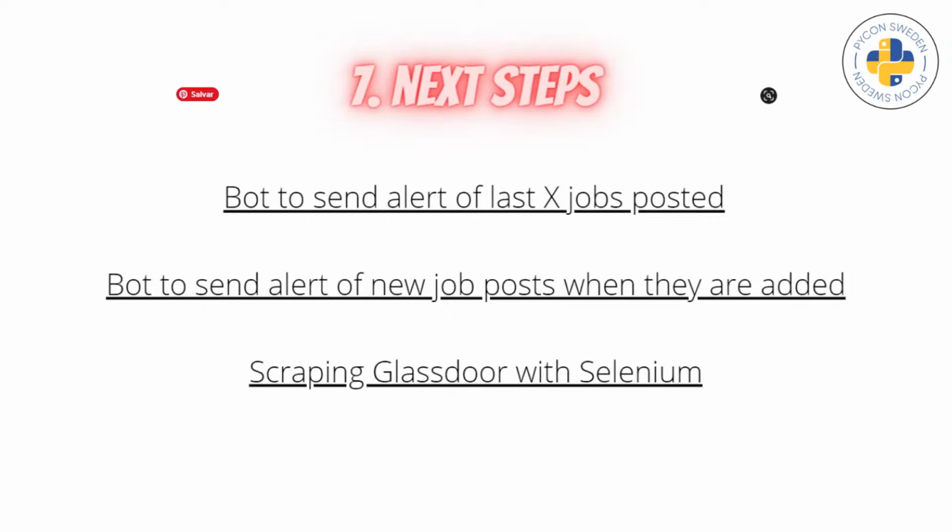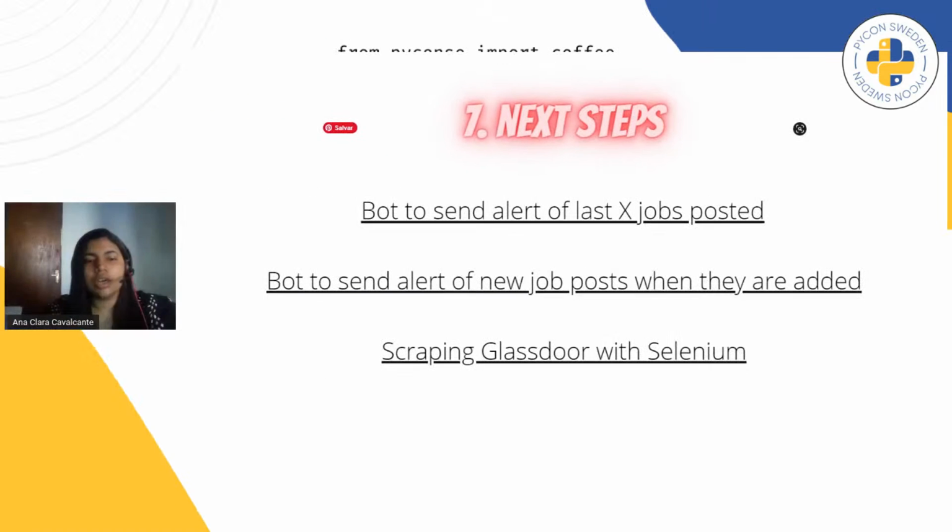This first one is to create a Telegram bot. So you can create a bot to send alerts of the last, I don't know, 10 jobs posted. Or you can even create a bot to send you new job posts when they are added. And also here, a tutorial with Selenium to scrape Glassdoor.